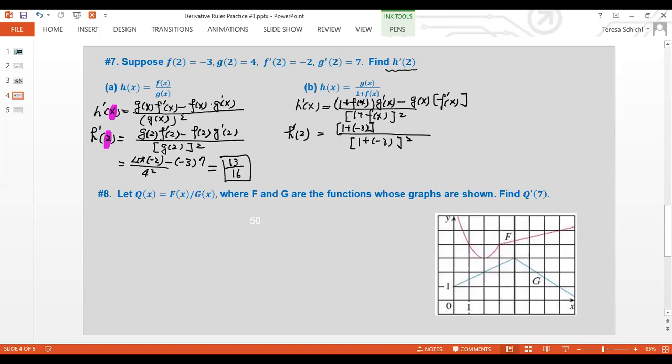So what is g prime 2? g prime 2 is 7, so 7 minus g of 2, which is 4, times f prime, and f prime 2 is negative 2, correct? Okay, so now if you put these ones here, this will be negative 6 over 4. So the answer here will be negative 3 over 2. See here. Okay, all right.